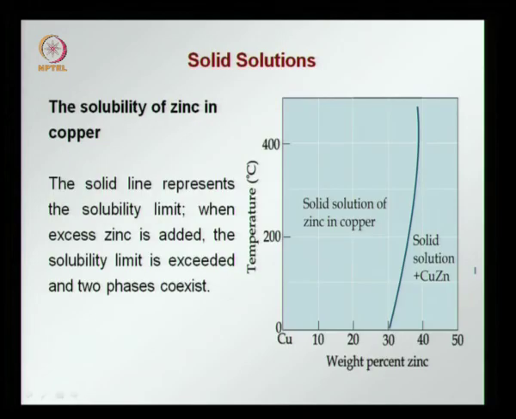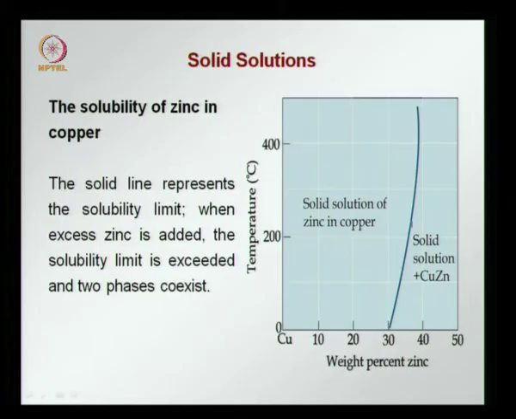In the case of zinc and copper, we get this diagram which shows us, as the blue line, the limit of solubility as a function of temperature. At lower temperatures, the limit of solubility of zinc in copper is 30%. At higher temperatures, we can mix in a little more zinc, reaching about 40% at 400 degrees Celsius.